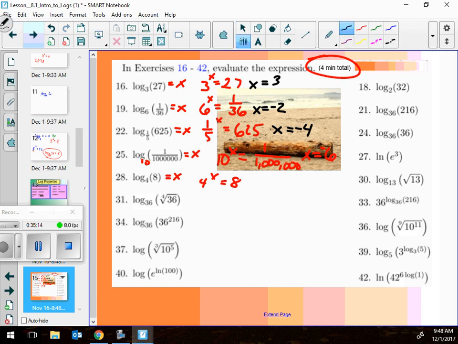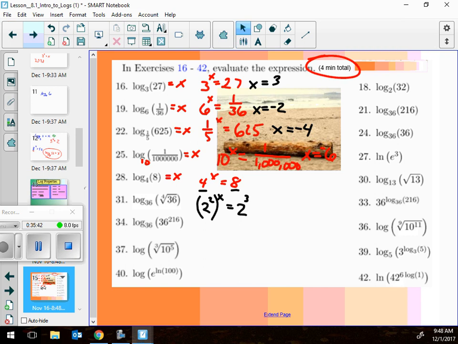Would you agree that 4 and 8 could both be written with a base of 2? 4 is 2 to the second, and 8 is 2 to the third. So this is 2 to the second to the x equals, what's 8? 2 to the third.